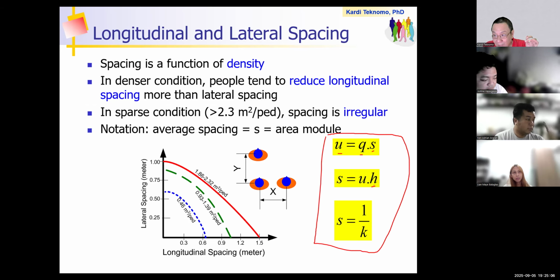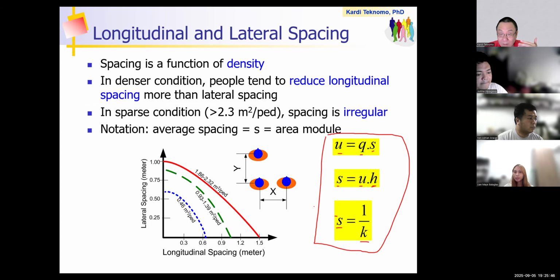H here represents the headway, the time between consecutive vehicles or 2 consecutive pedestrians. S is the spacing, U is the macroscopic space mean speed. So this formula connects microscopic and macroscopic. S is 1 over K: spacing is micro level, density is macro.